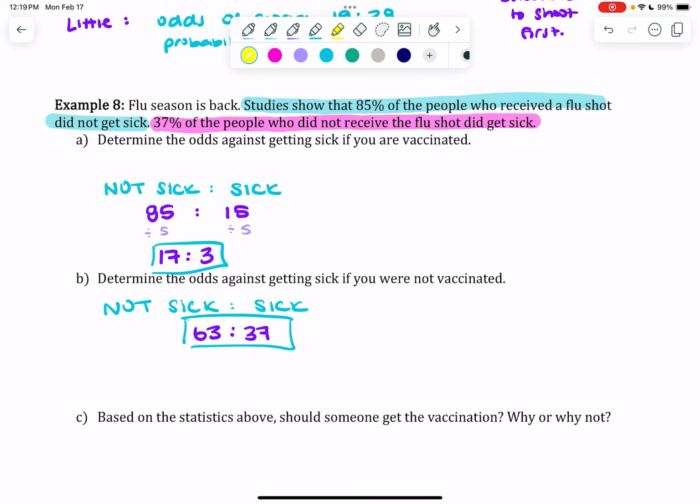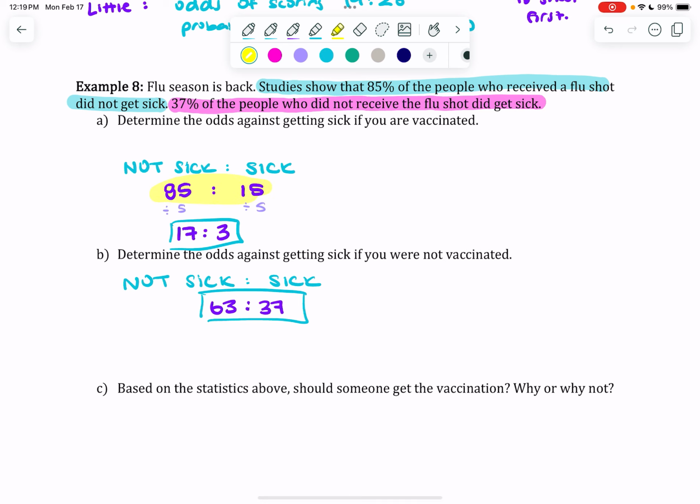Nothing more, nothing less. The reason this is helpful in my odds, and I can compare them directly, without going into probability, is because my total for both is out of 100. Right? 85 to 15, those two values add to 100. 63 to 37, those two values add to 100.